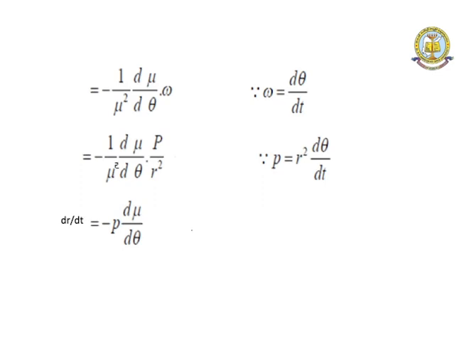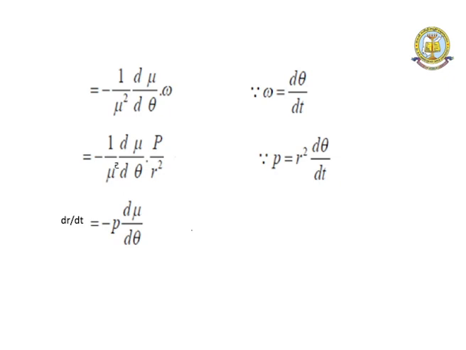So the same equation we get, dr/dt. Here dr/dt, then substitute in the above equation, that is -1/u² du/dθ into omega. Here dr/dt is equal to dr/dθ, meaning -1/u² du/dθ, and dθ/dt. So dθ/dt is the omega. So here you can write the omega value, -1/u² du/dθ into omega.